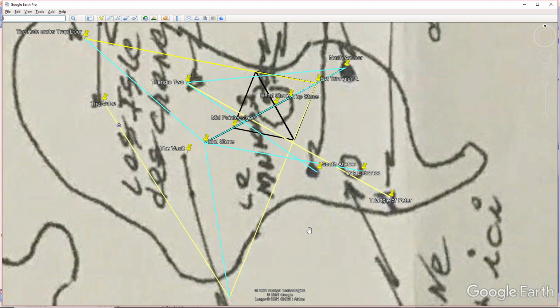And I'm going to be doing more videos later about the reason why it's important to locate these, and how some of these more obscure ones, like the valve, the oak entrance, the triangle of Peter, are relevant to solving this mystery.